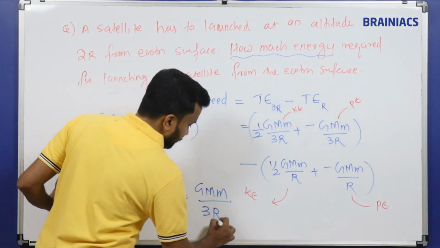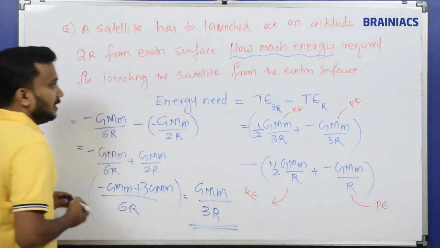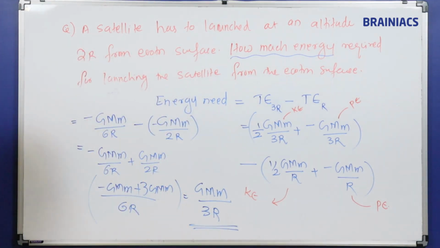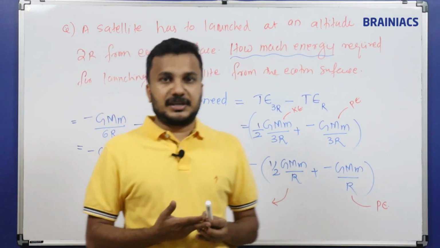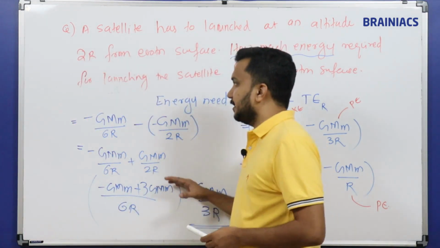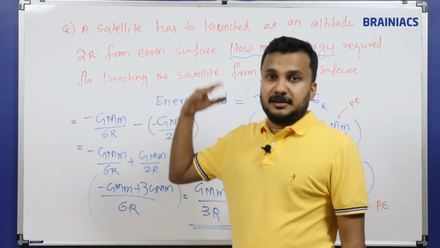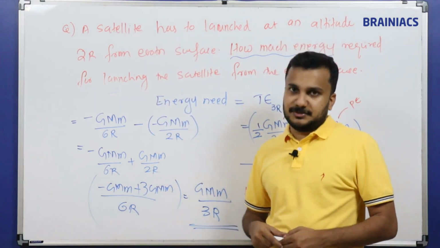So it is GMm by 3r, the extra energy which I have to give to the satellite, so that the satellite can rise to a distance of 2r from the Earth's surface.